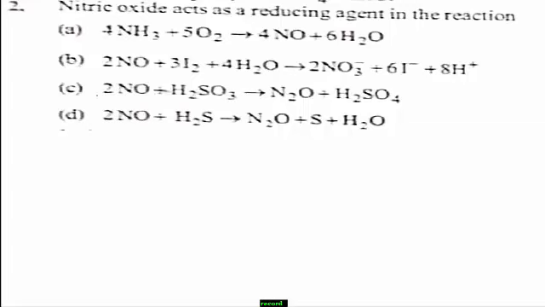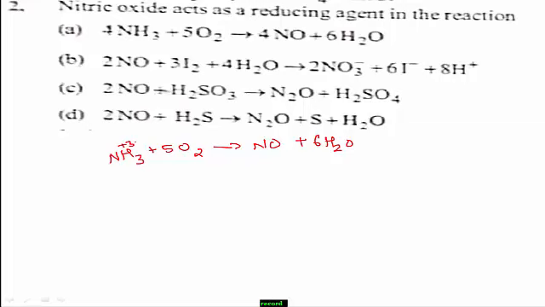Which one is the right answer? Students, when we observe the given options, see the first reaction. Here I write once again, NH3 plus 5 moles of O2 gives NO and 6 moles of H2O. See here, what is the oxidation state of nitrogen? You know hydrogen is always +1, so 3 into +1 is +3, right?